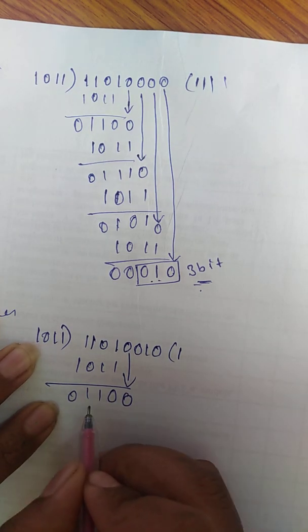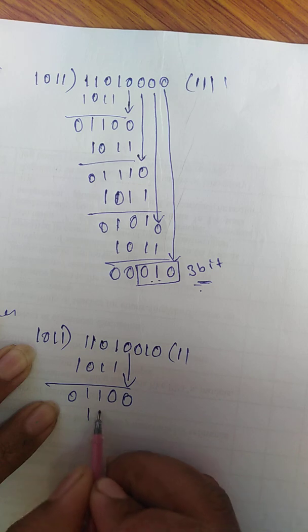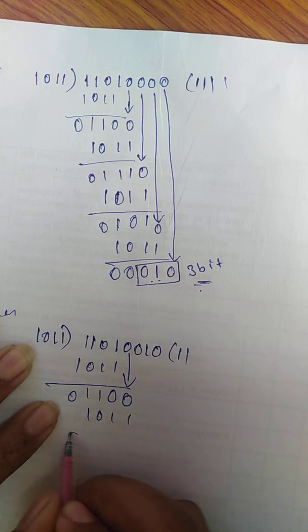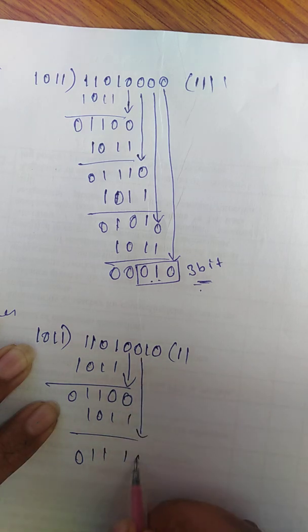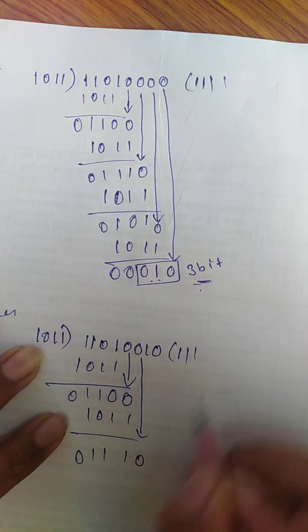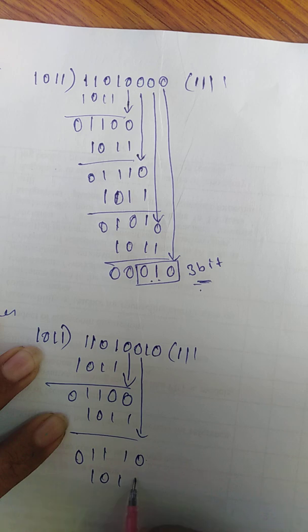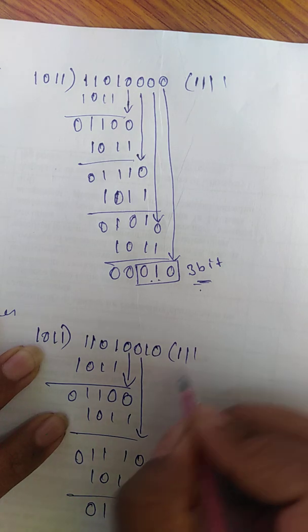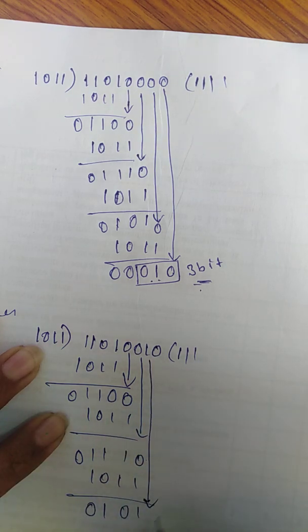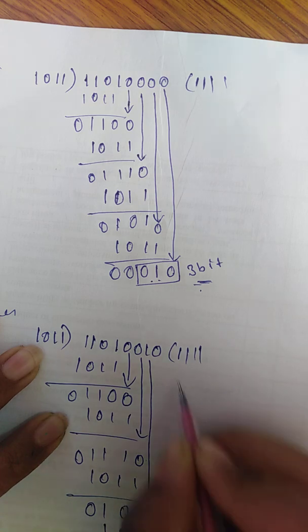Next we get 1, so 1 1 0 0 1 0 1 1 1 1 1 0, this 0 we move down, 1 1 0 1 1, then 1 0 1 0, this 1 we move down, we take 1 1 0 1 1, so we get 0 0 0 0.